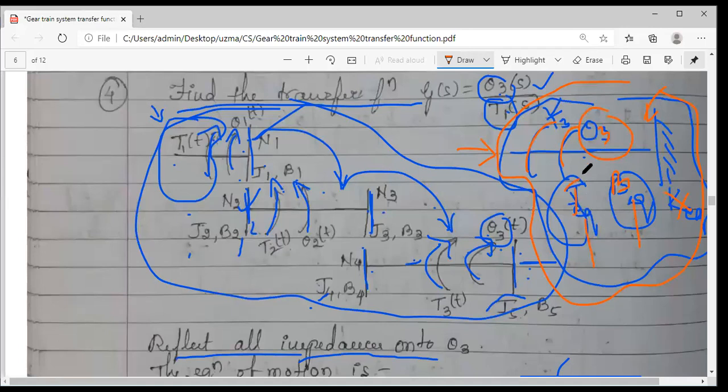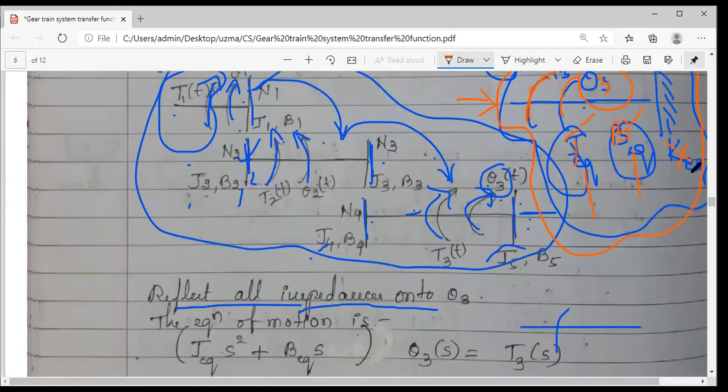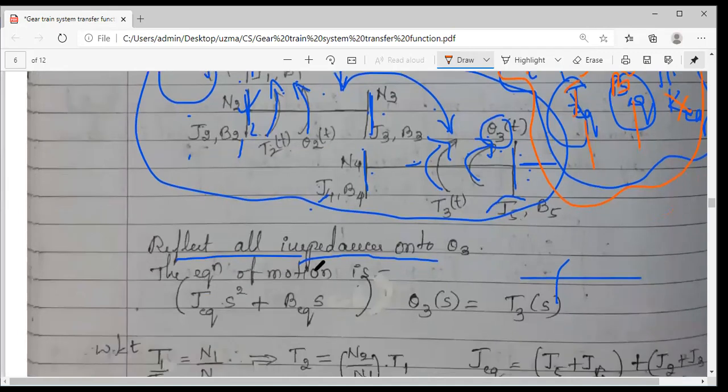What is that equation? It has the applied torque T3 and the opposing torques will be due to J and B. Okay, no K. So I have taken directly what you can do.